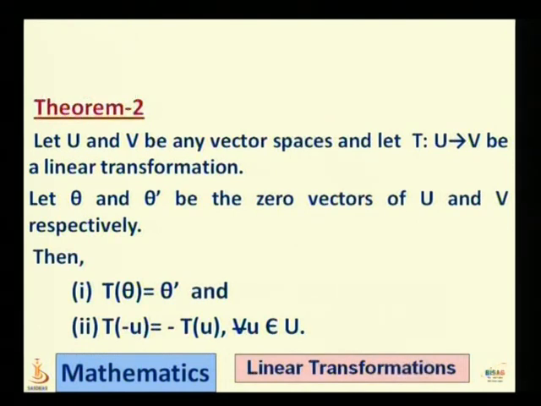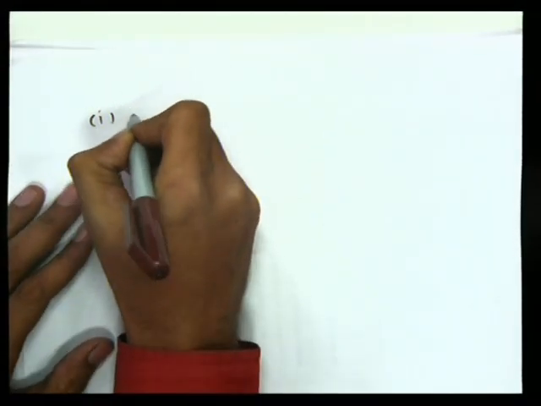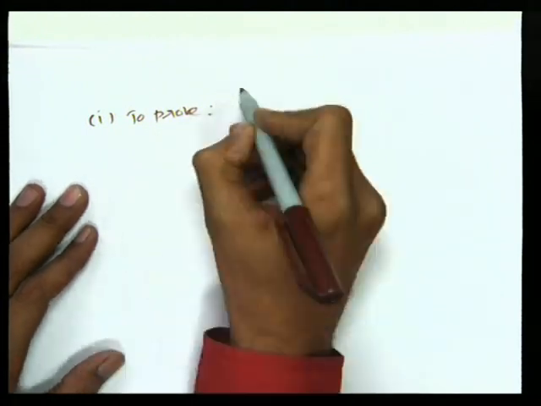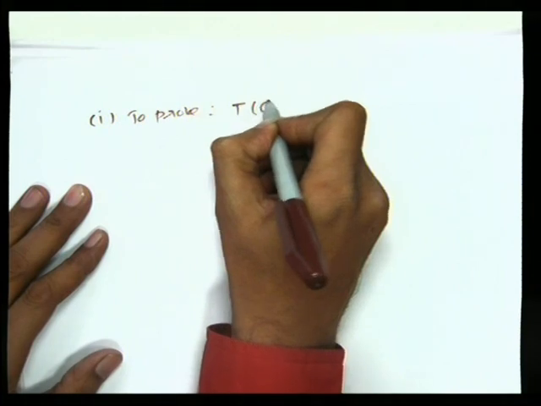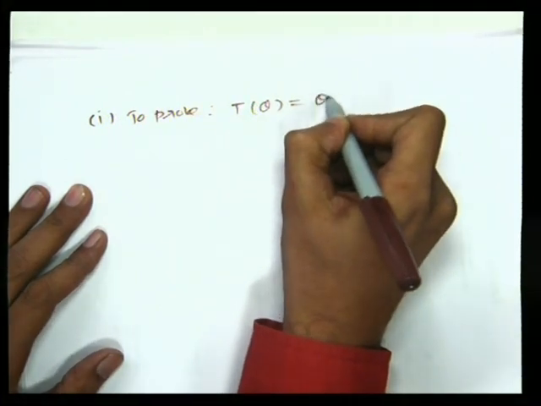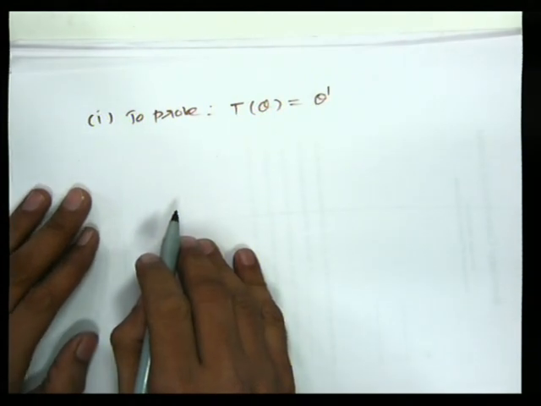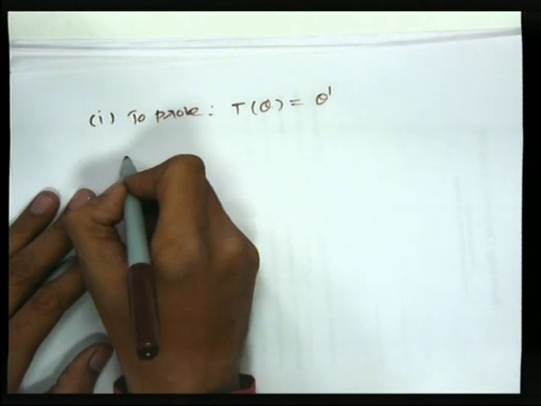First we have to prove that T of theta equals theta dash. Here T is a linear transformation.